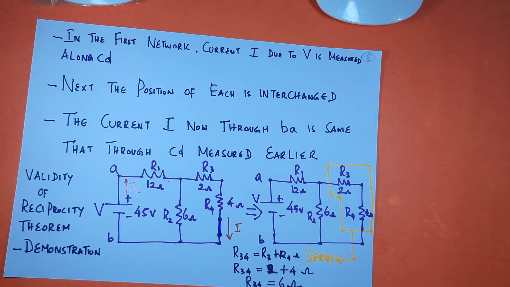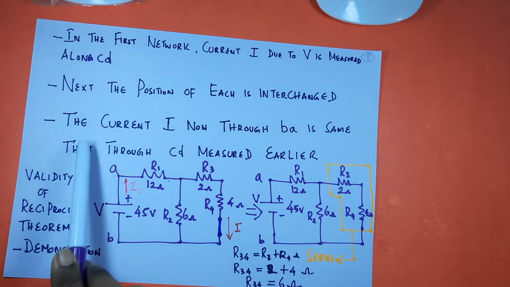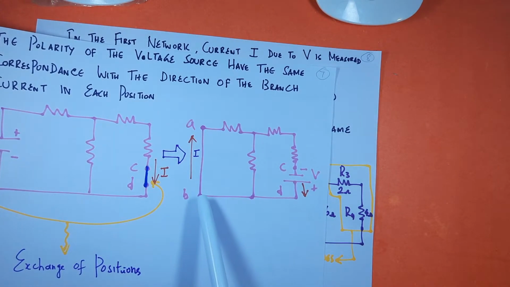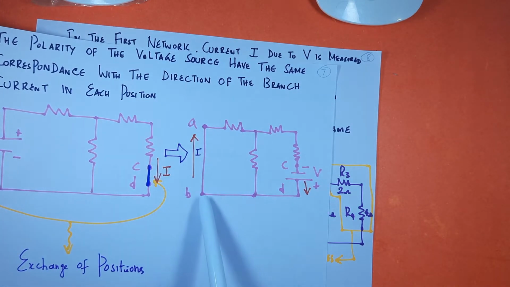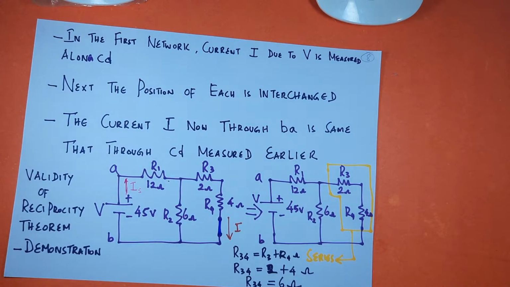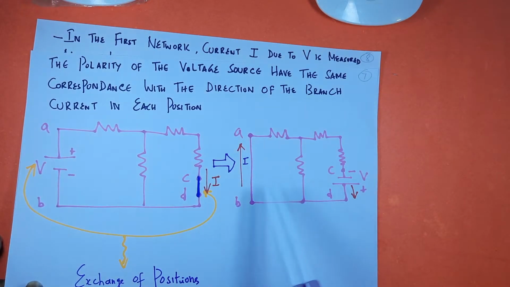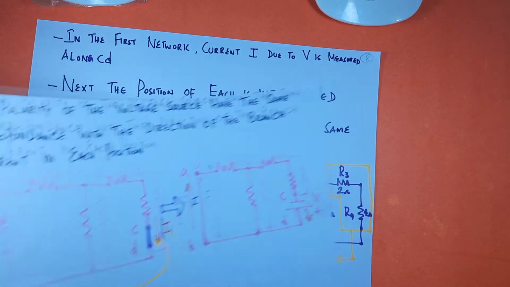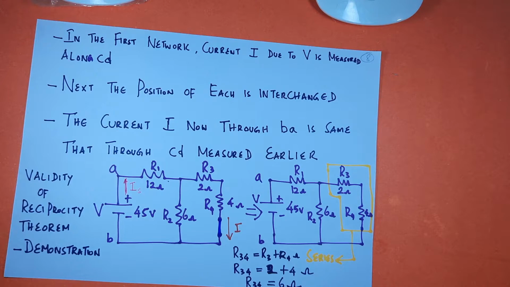Okay. So according to reciprocity theorem, the current I now through this portion BA is the same as that through CD measured earlier. So what they are saying is this current now is the same as the current I through CD earlier. So this is the concept of reciprocity theorem.